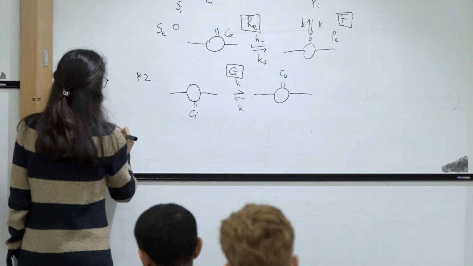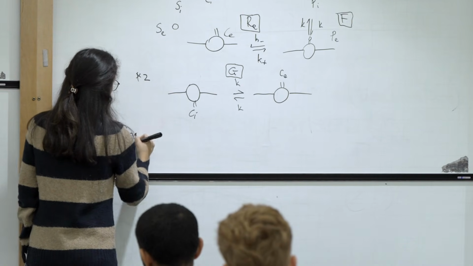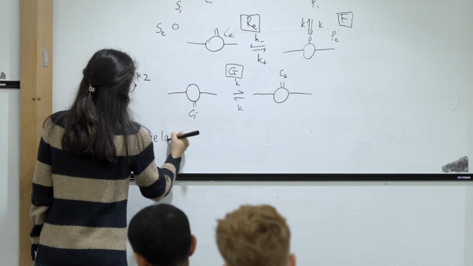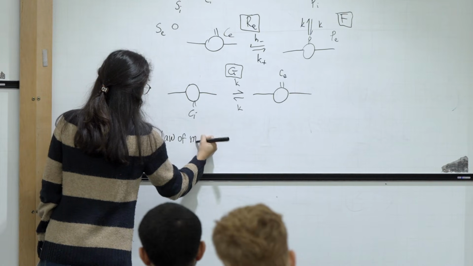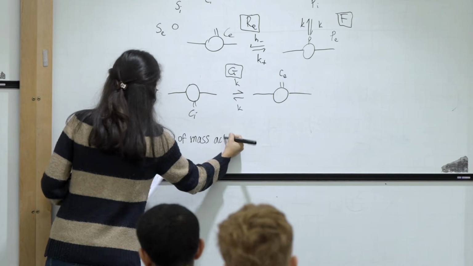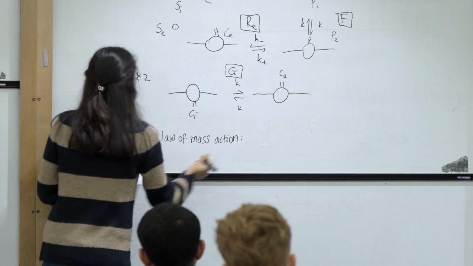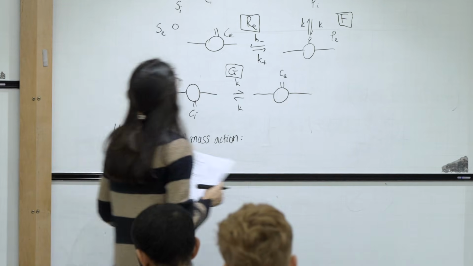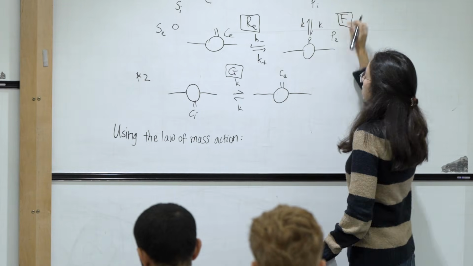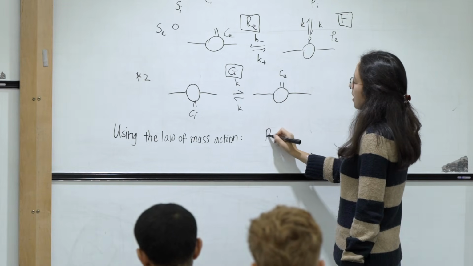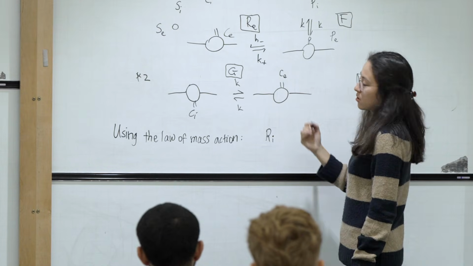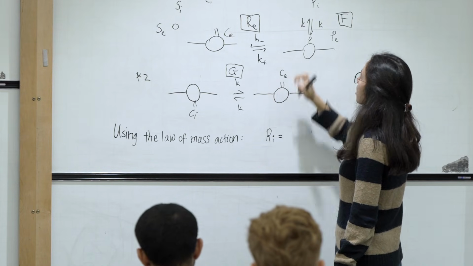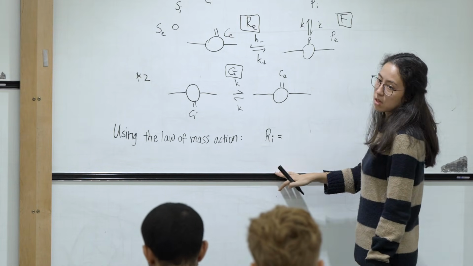Okay, so using the law of mass action, basically I will write down an equation for all these, and then I will write it as a system of ODEs. So for now, it won't involve any derivatives, okay?